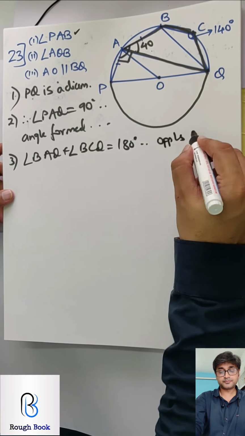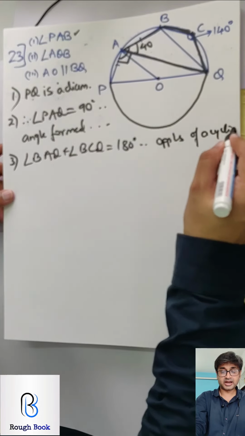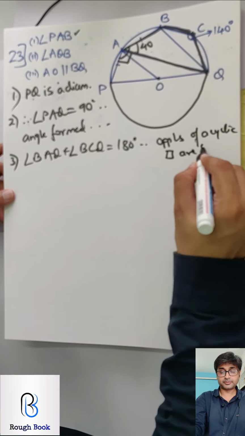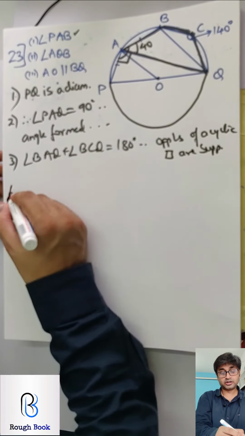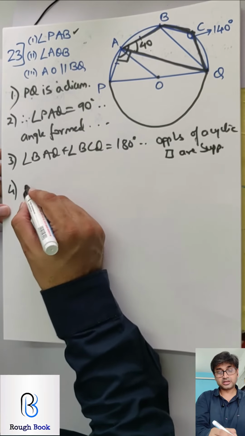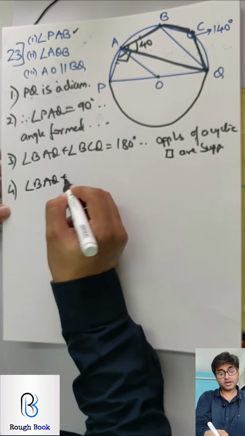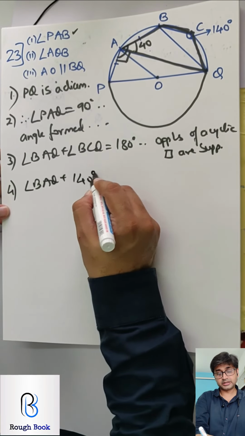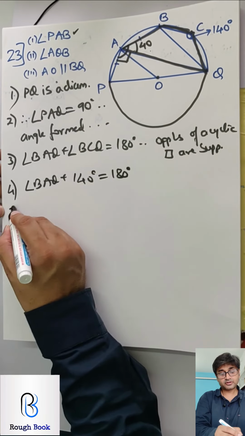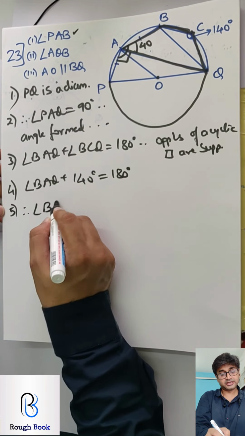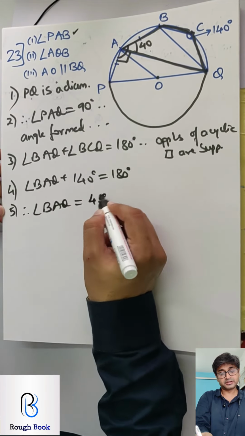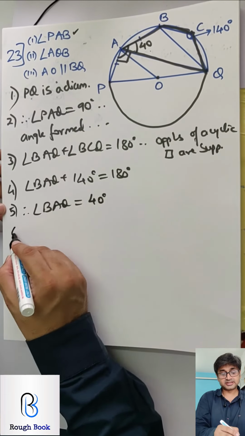Opposite angles of a cyclic quadrilateral are supplementary. Please learn all these properties. Now BAQ we don't know, but BCQ is 140, so 180 minus 140. Finally we can say angle BAQ is 40 degrees. So this is 40, this is 90.